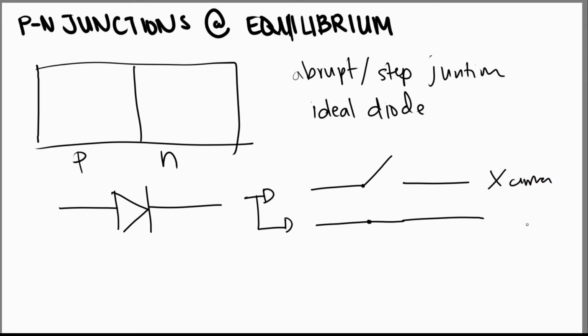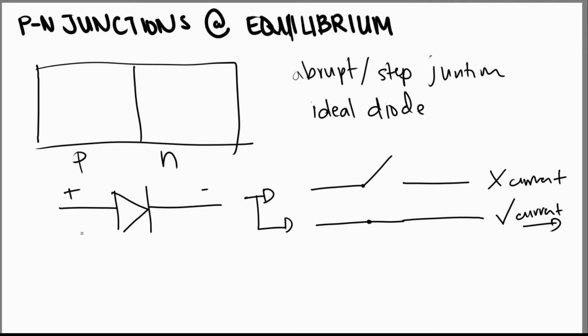Meanwhile, when it's a closed switch, this allows current to flow. So depending on the polarity in which we apply our voltage across this diode, it acts as either an open or a closed switch.